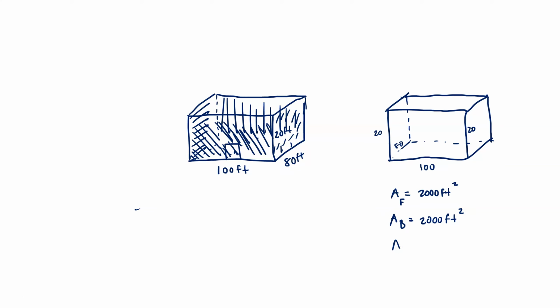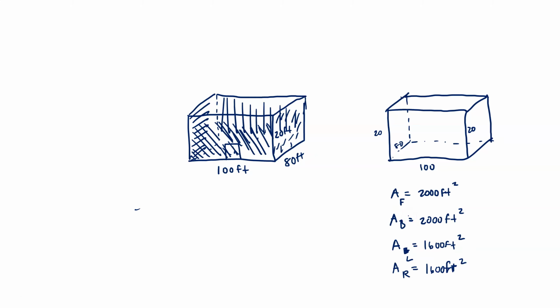So the area of the left of our building would be 20 times 80, or 1,600 square feet. And then finally, the area of the right of our building has the same dimensions as the left side, so that would be 1,600 square feet.